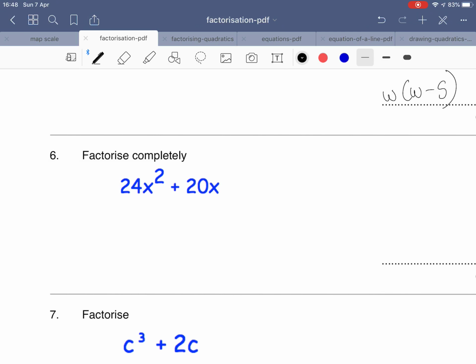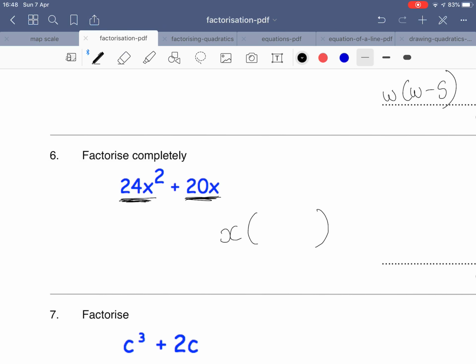Okay, so this one we've got 24x squared and 20x. Now there is an x on both of them, so I know an x comes on the outside. However, I know there's a number that goes into 24 and 20. So what times table are they both in?